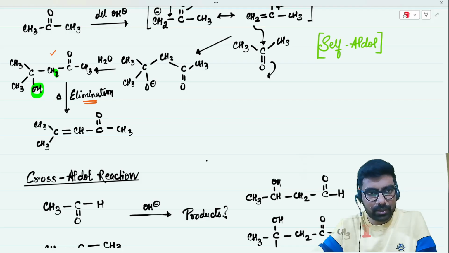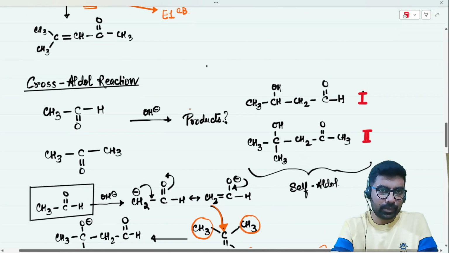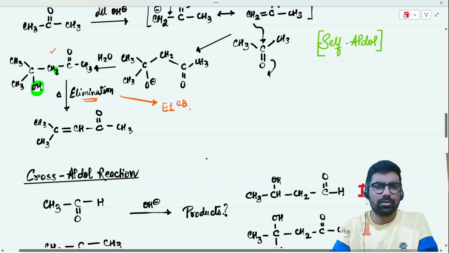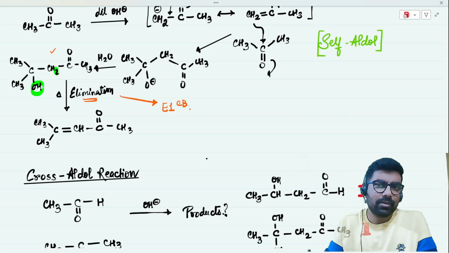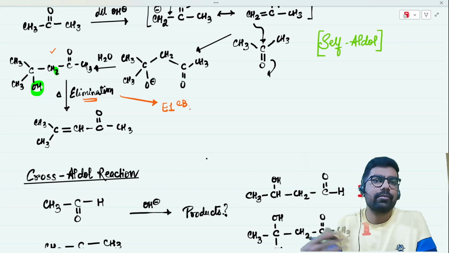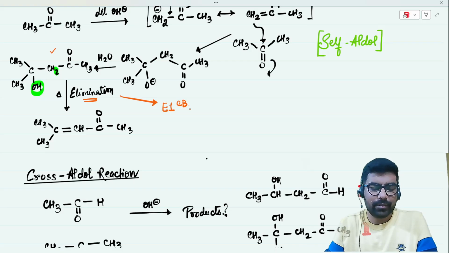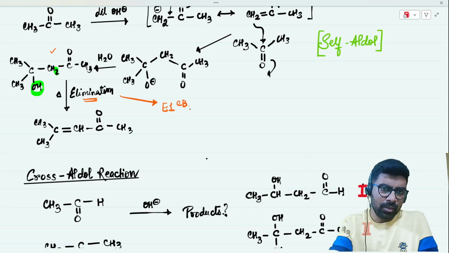This elimination is undergoing the mechanism of E1Cb, elimination reaction via a conjugate base. What is E1Cb? If you don't know, then we will do a separate class where we will discuss different types of elimination. E2 is there, E1 is there, E1Cb is there, Hoffman bromamide degradation is there. So this elimination we will do.